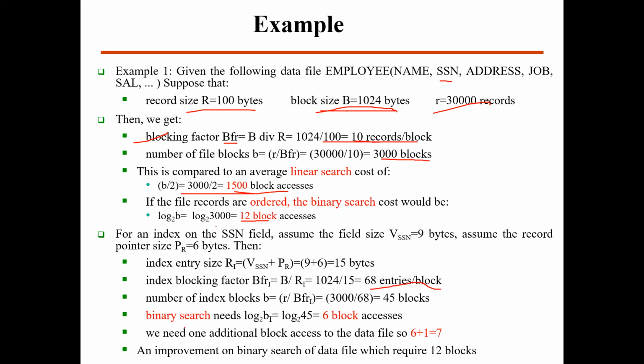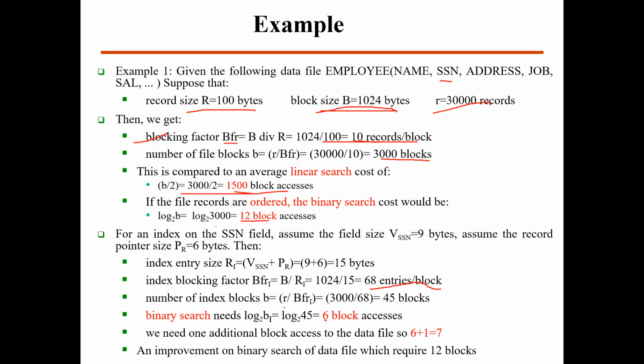So now let us see the binary search. Binary search for the index is only 6 blocks. You see here we have 12 blocks, here we have only 6 blocks. In order to reach this binary search, first we need to find out the number of index blocks.